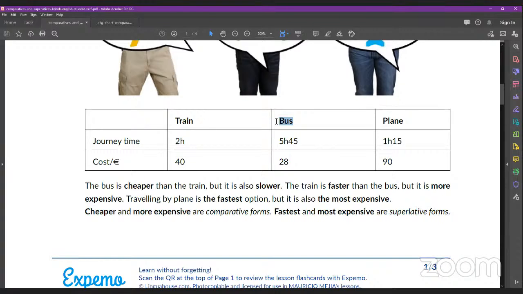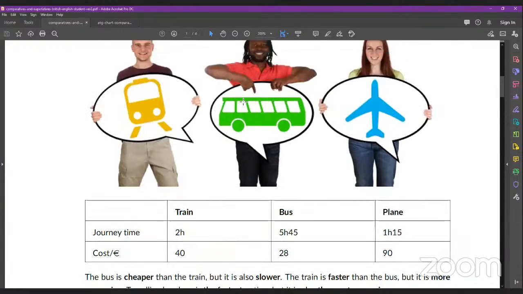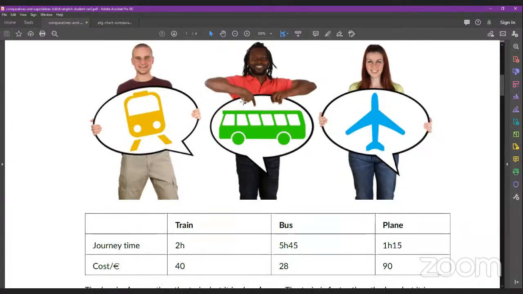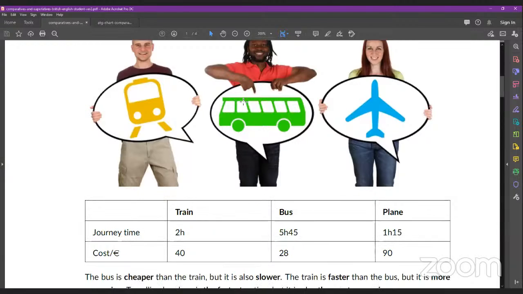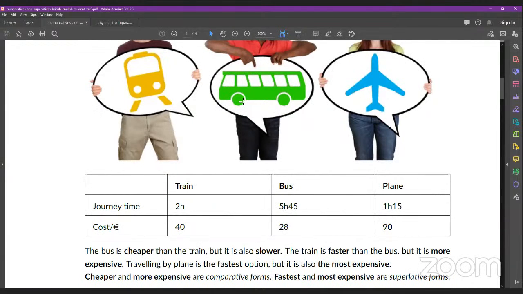Comparative, no superlative, all right? I want you to compare journey and cost. Pretty easy. Okay? Train, bus, or plane. I'm going to share the document and you will have 4 minutes.